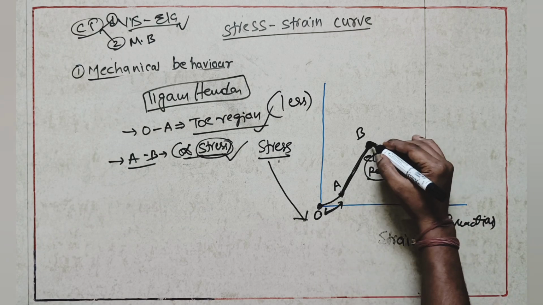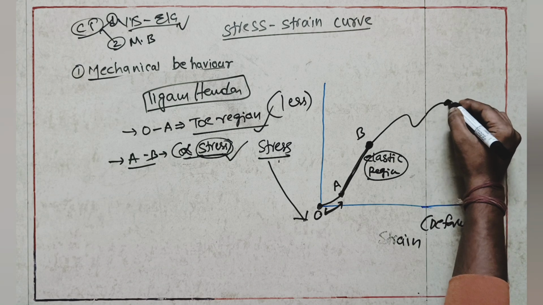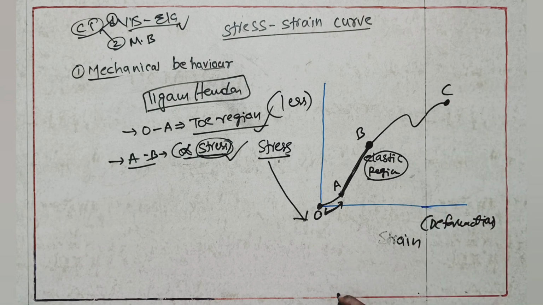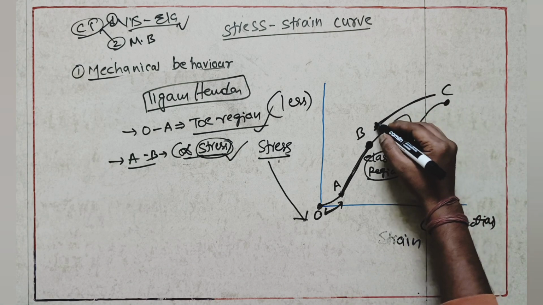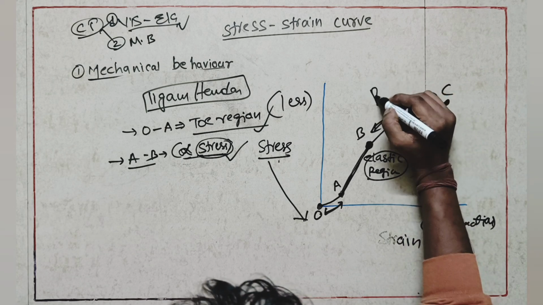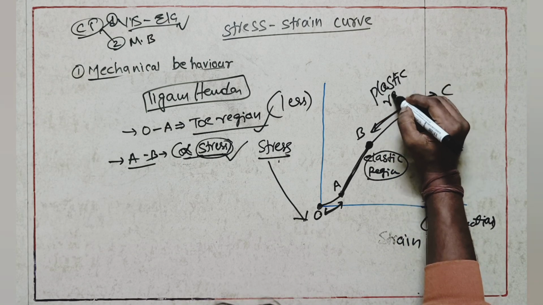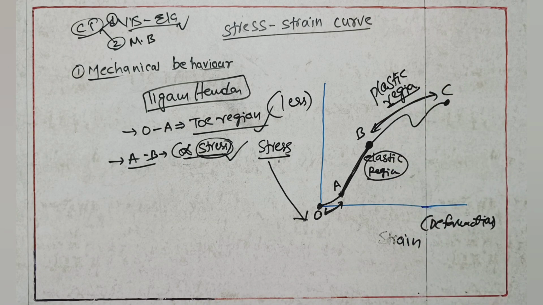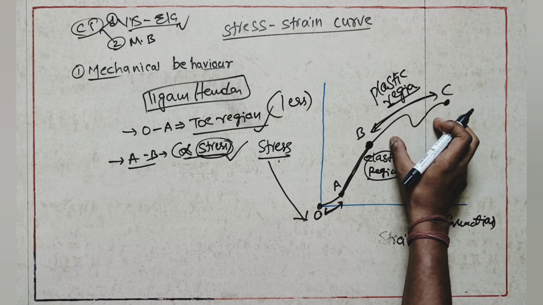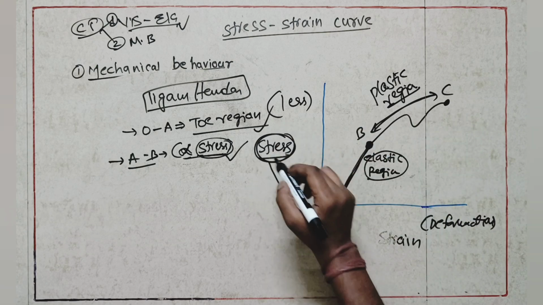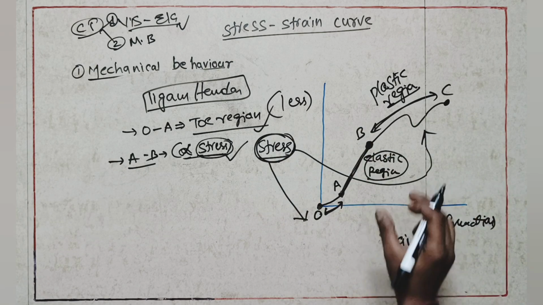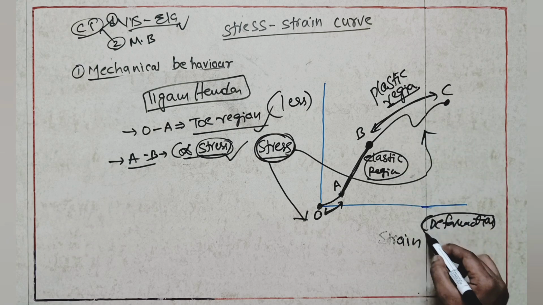So from here, this is the point C. The middle portion, B to C, we can say is the plastic region. What does the plastic region mean? If you give stress at this point, the tissue will go for deformation.